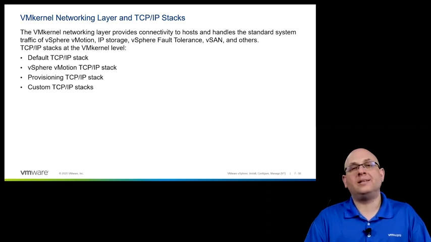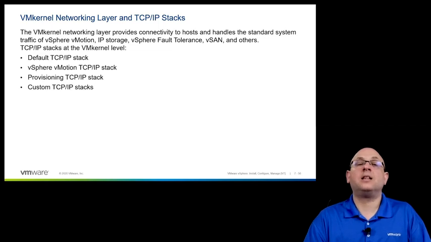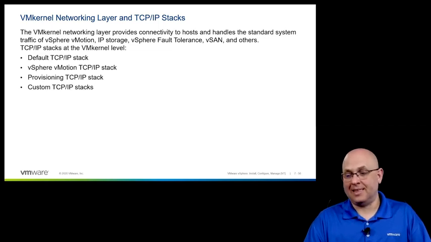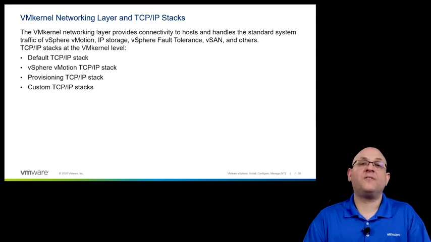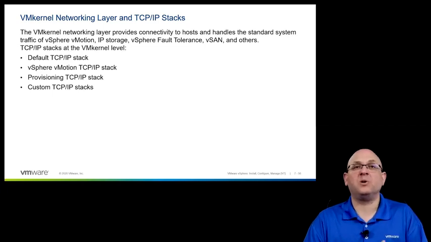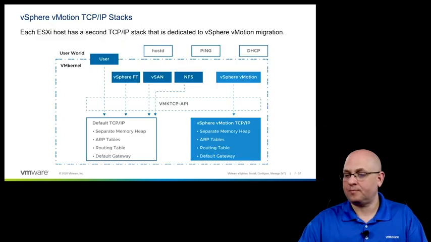We also can create separate TCP/IP stacks for provisioning, that is, cloning operations and things like that. And we can also create custom TCP/IP stacks if third-party vendors that are doing networking within ESXi choose to do that as well.